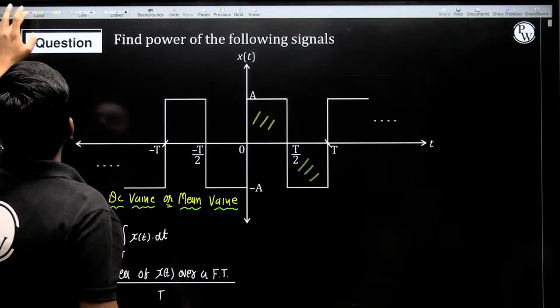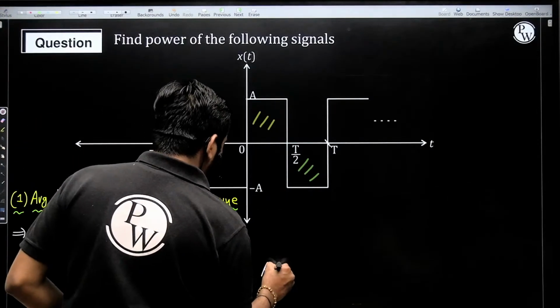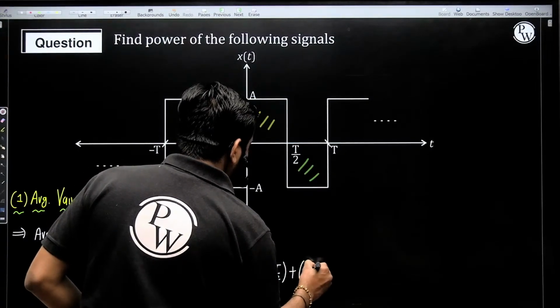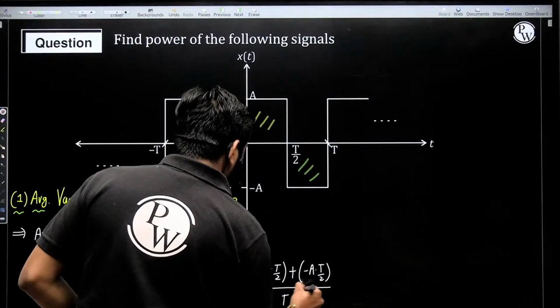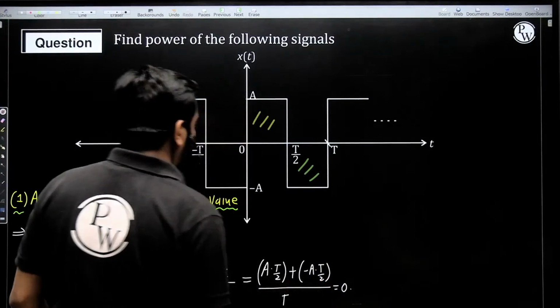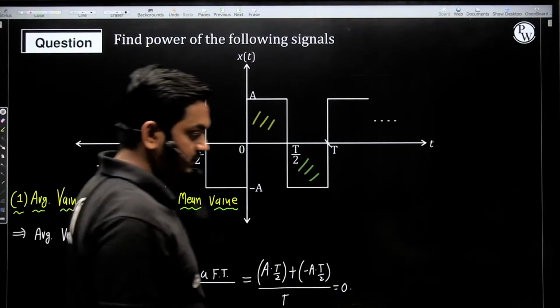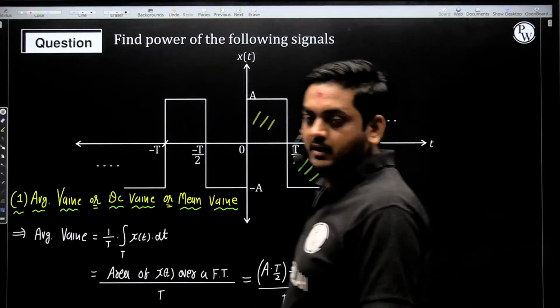That's why the average value is, area of positive half cycle A into T by 2 plus area of negative half cycle minus A into T by 2, divided by the fundamental time period. So the average value is 0. Here the average value is 0, guys. Clear? Fine. I hope all the students are getting it. Average value is 0.